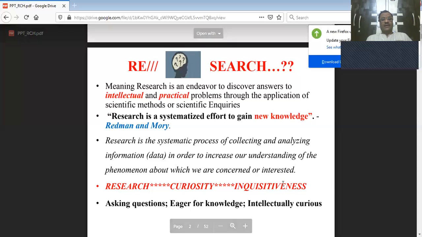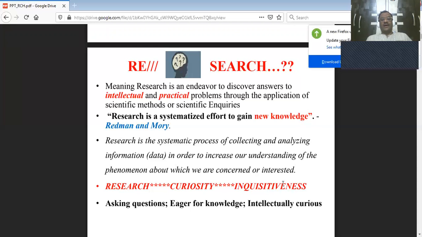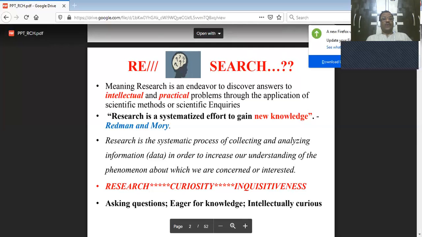Now, basically, research is all about having a kind of inquisitiveness. It's all about asking questions. Going with the mentor's version of research, it is just to have questions.